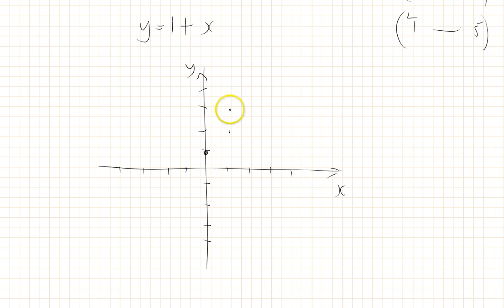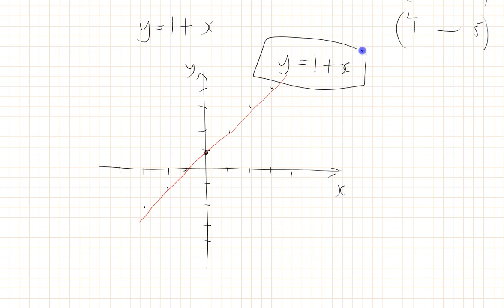And then there's a point there, and a point there, and so forth. And we can just join them up with a nice bright red line, which is the equation y equals 1 plus x. There you go. Y equals 1 plus x.